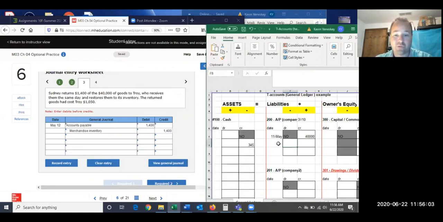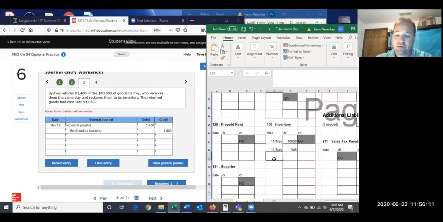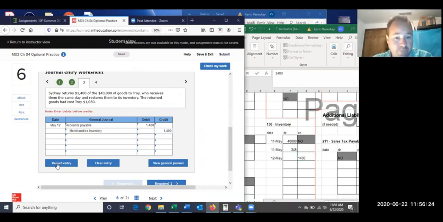That's all we're simply doing here on May the 12th. Take away $1,400. Notice nothing to do with shipping. Shipping was already done. It was a separate event. They're not going to pay us back for that shipping or any part of it.